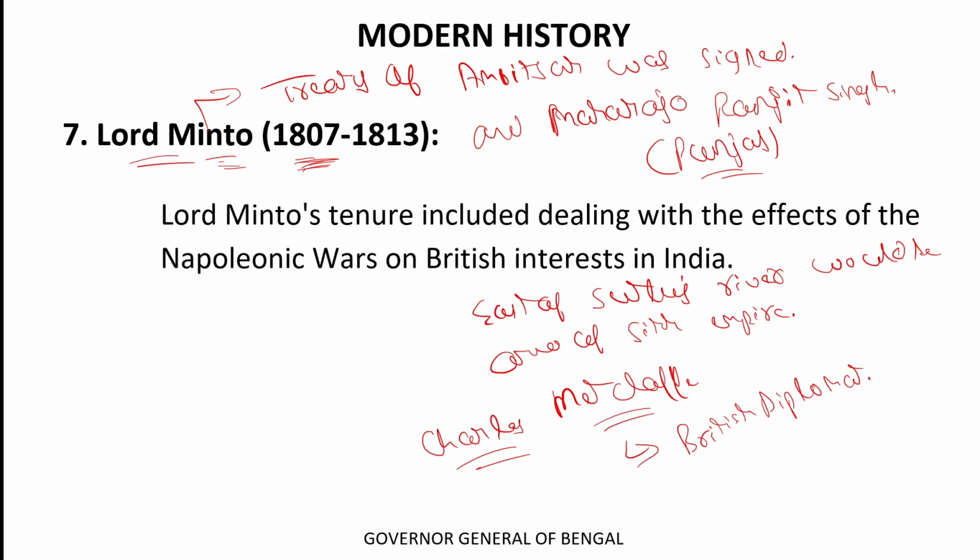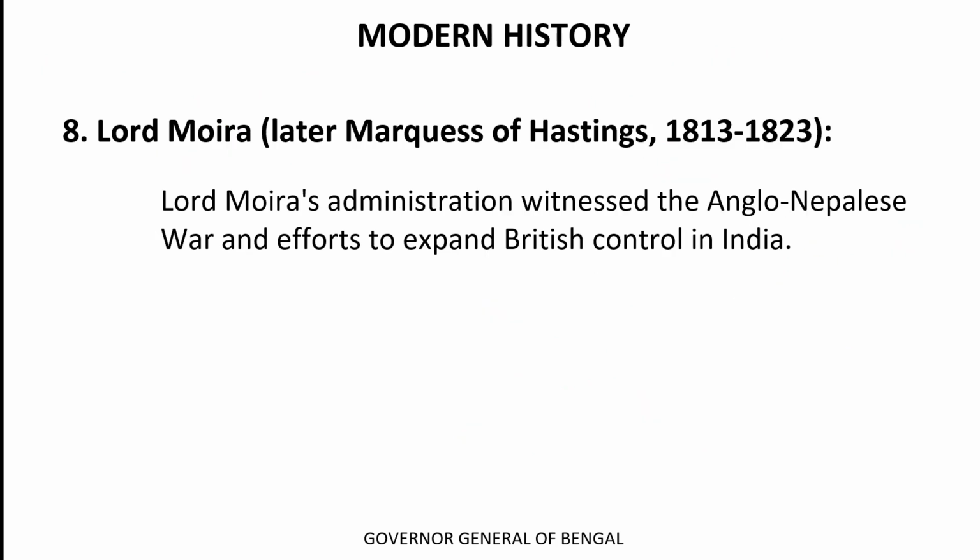Okay, as per the treaty, the east of Satluj River would be the area of the Sikh Empire. Got it? So this was a friendship treaty also, because this ended the tensions between the Sikh Empire and the Britishers. Got it?